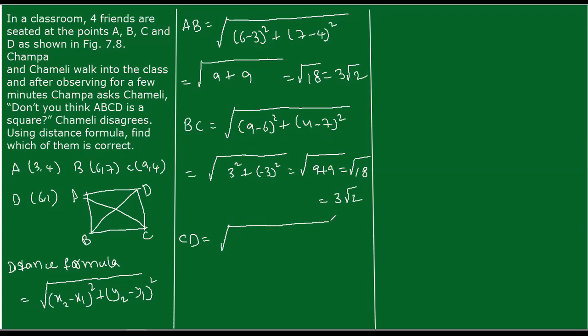In CD, point 9 comma 4 becomes x1 y1, and 6 comma 1 becomes x2 y2.